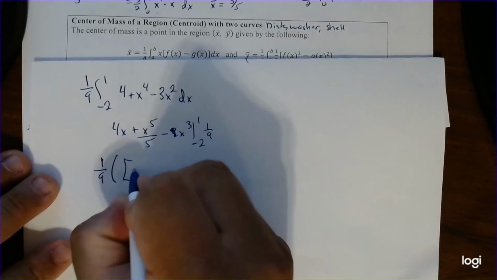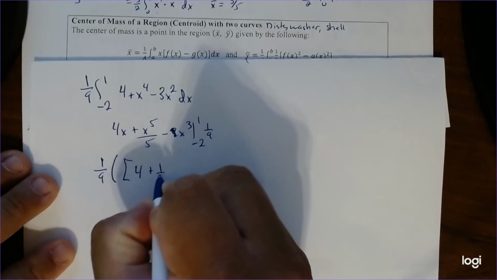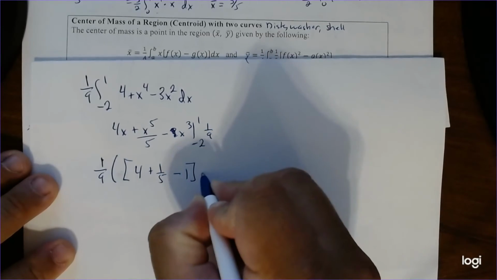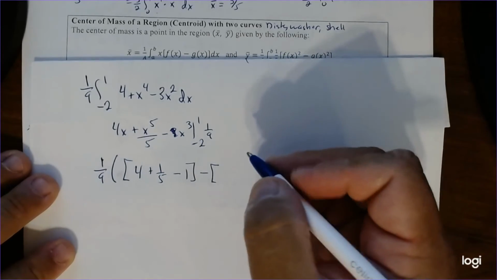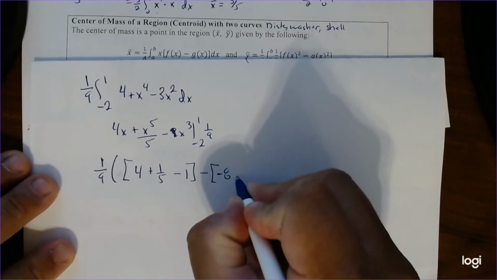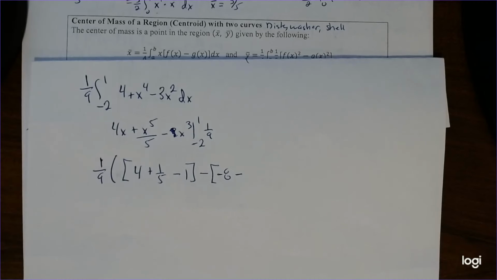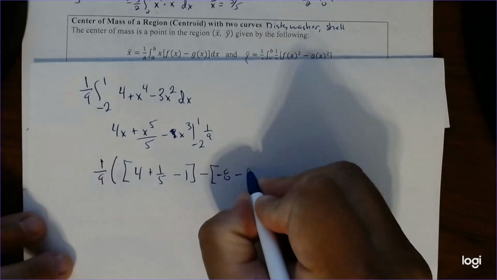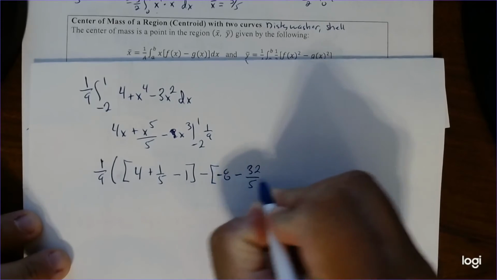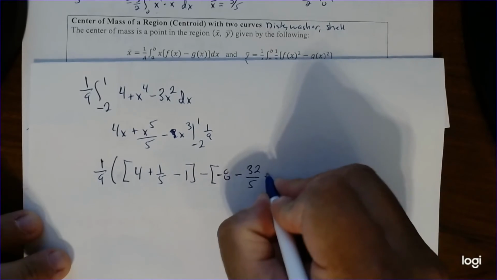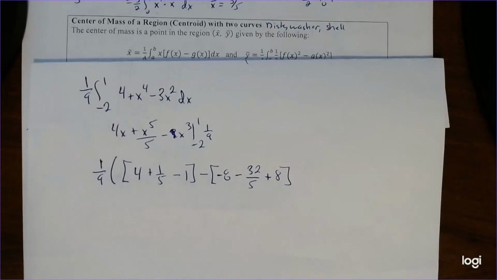So we'll have 4 plus 1/5 minus 1 minus, and when we plug in -2, so -8 minus 2 to the 5th power, I think it's 32. Yeah, 32 over 5 minus, and this can be plus 8.